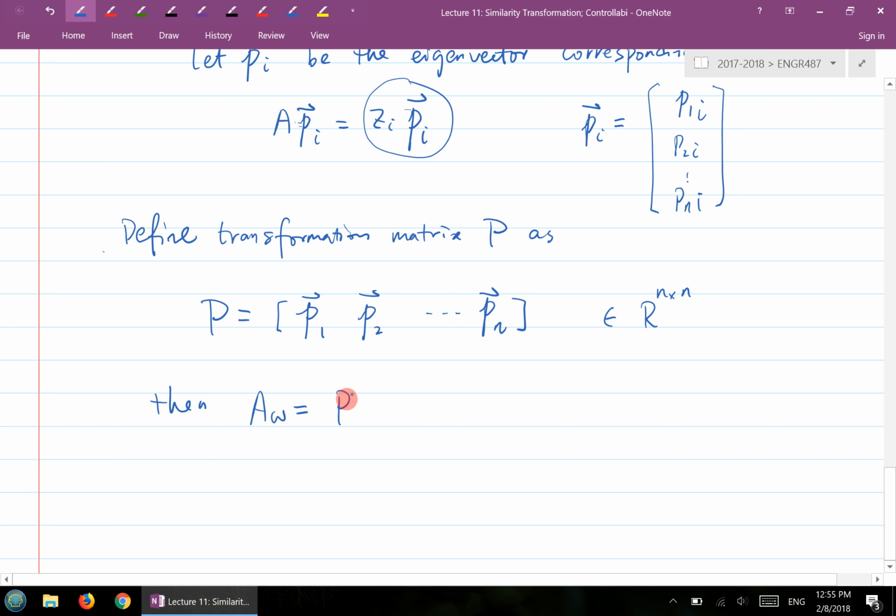If we define the P like this, then we can see that AW is equal to P inverse A times P, which means AW has Z1 here, and Z2 up to Zn, and all of the off-diagonal elements are 0.